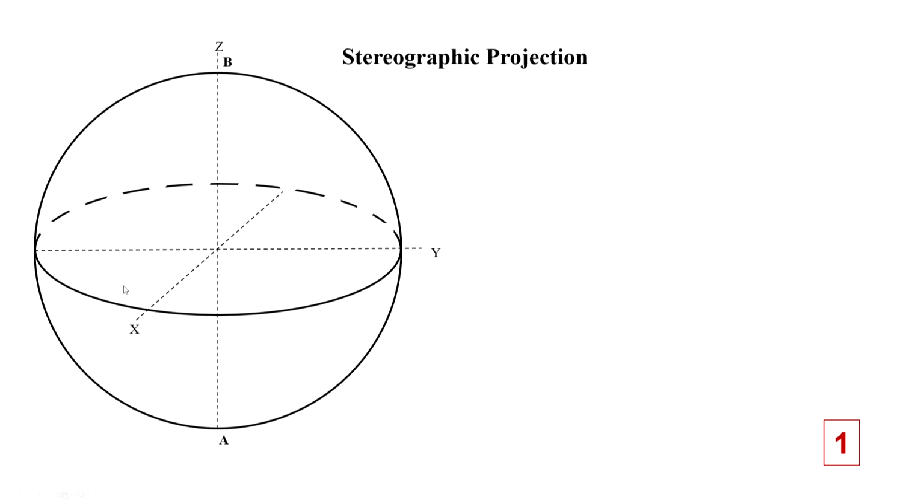The x and y axes are in the plane of the equatorial circle, while the z axis is normal to the equatorial circle. I have labeled this z axis also as an axis AB, and AB is called the projection axis, while the equatorial plane is called the projection plane. So, everything will get projected on a two-dimensional plane.